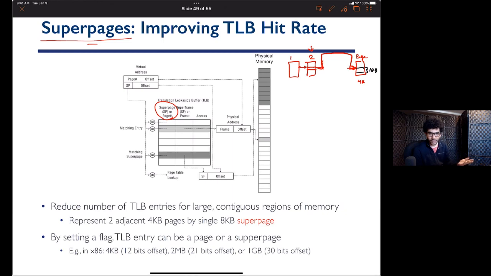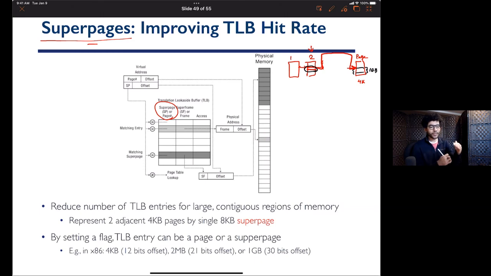Now, if I do that, then I only need one address for all this 1 GB. Whereas previously I needed a single address for each page, so a single address for every 4 KB. Now this one gives me one address for 1 GB. And this is a superpage, which consists of a bunch of pages.